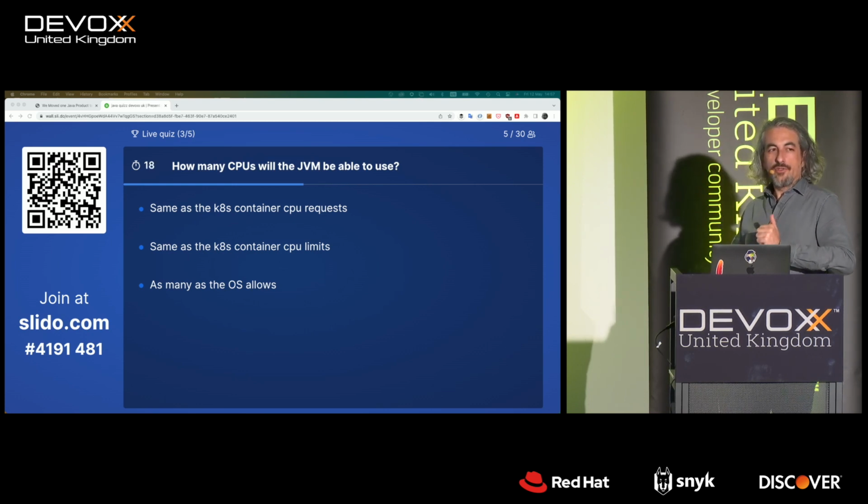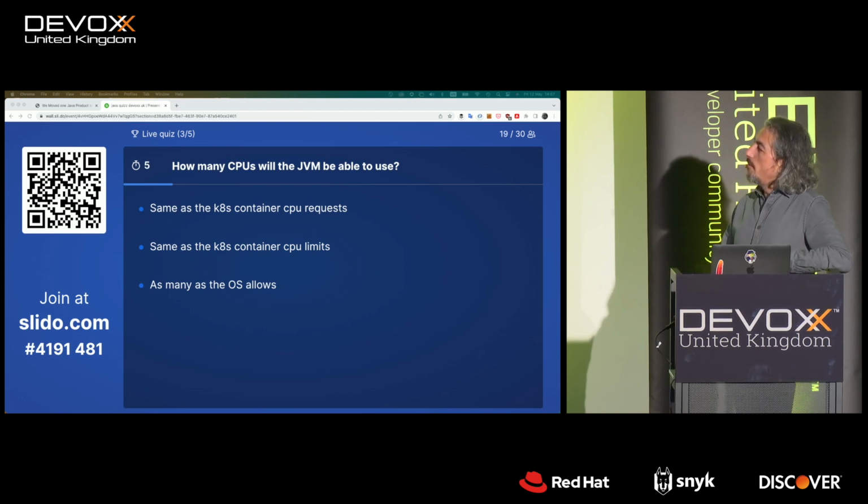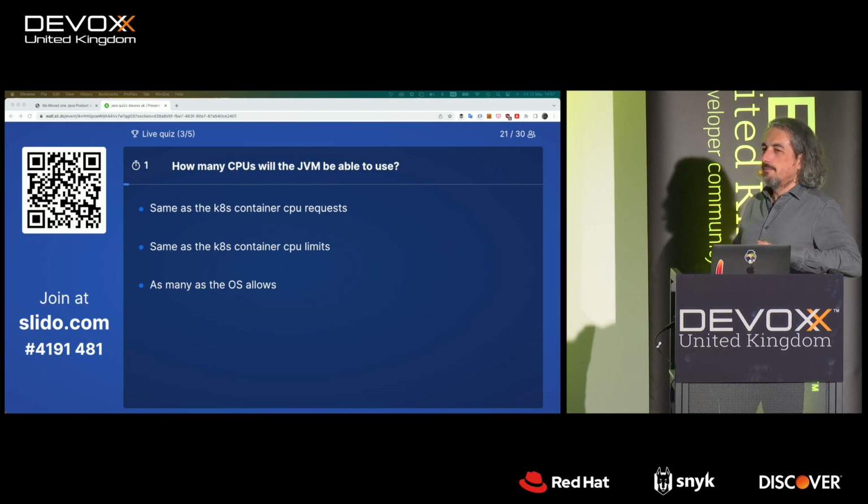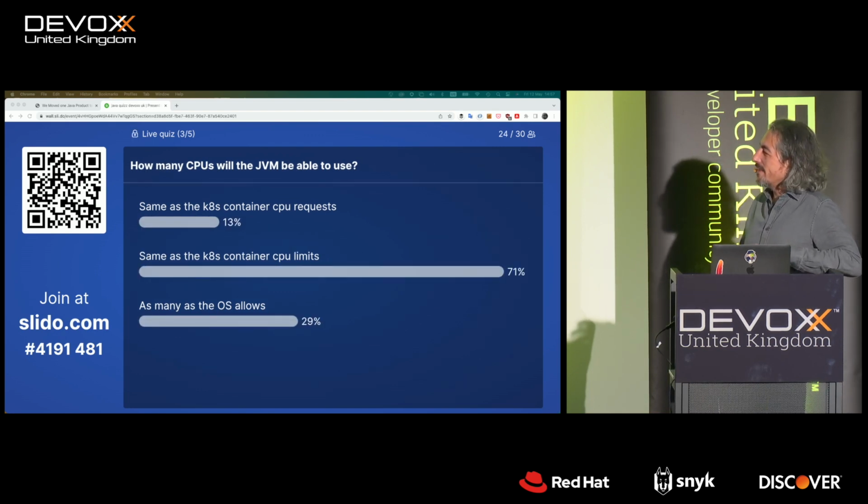And again, assume a very new build patch version of the JVM. This is a bit complicated, I know, but that's also to show how complicated getting things right is. So the correct answer today is as many as the OS allows.